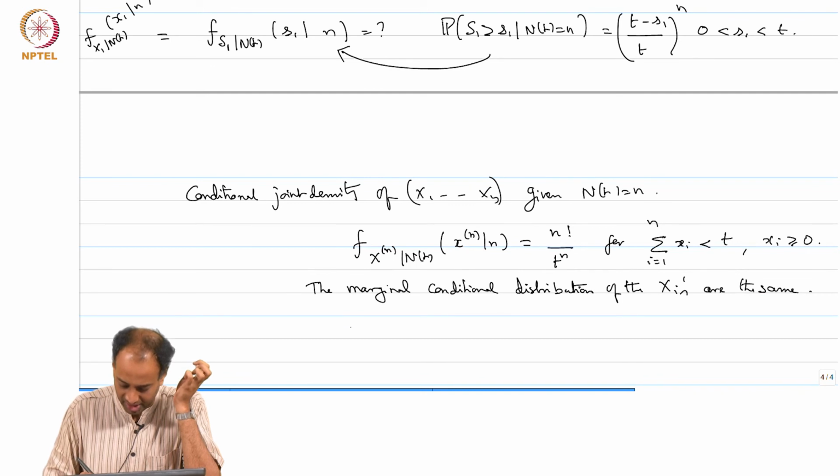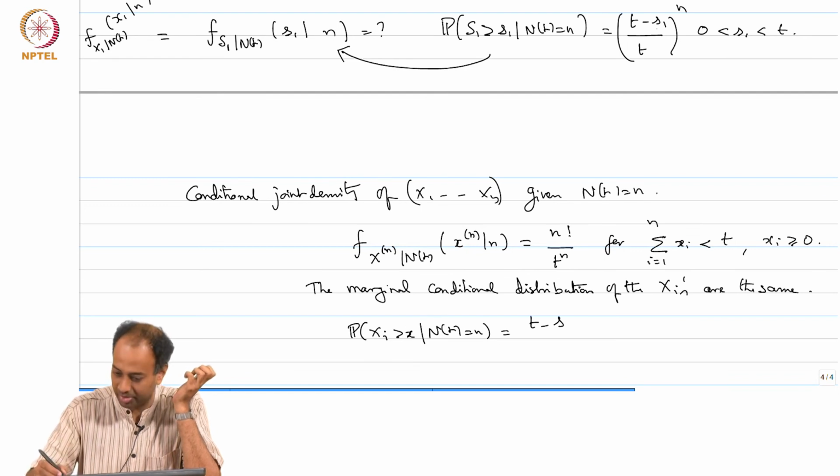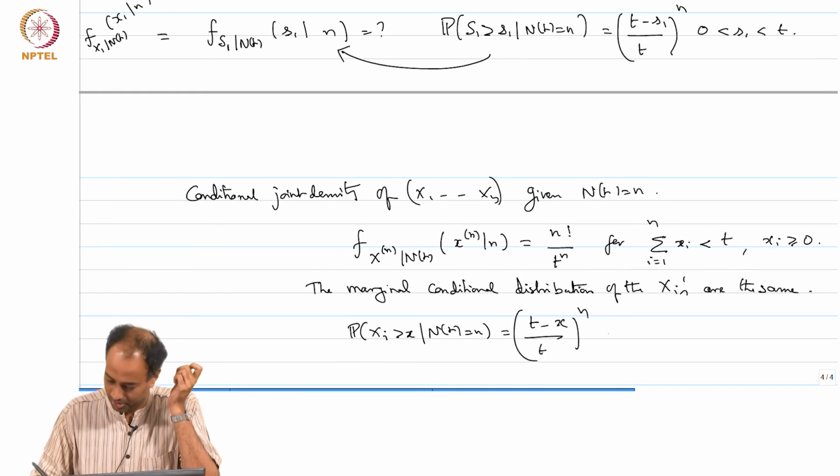So, you can just write probability X i greater than x given N(t) is equal to n is nothing but (t minus little x over t) whole to the n for 0 less than x less than t. I am just copying from here. Is that clear?